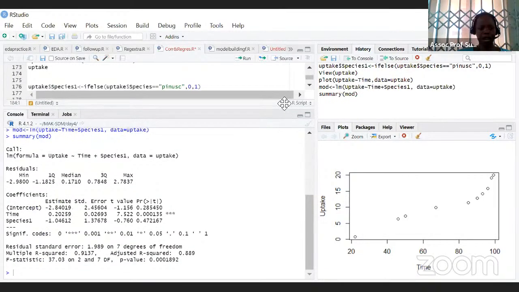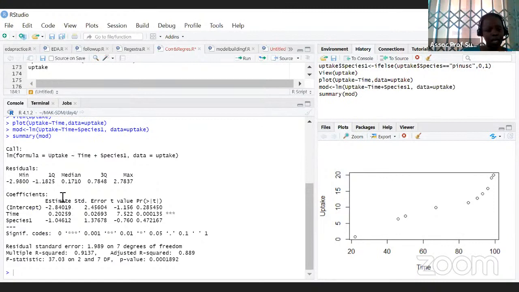Okay, so let's look at the output. When you look at the coefficients, we have the intercept, which is minus 2.84. Time is 0.202. Species 1, that was the dummy variable, is minus 1.046.